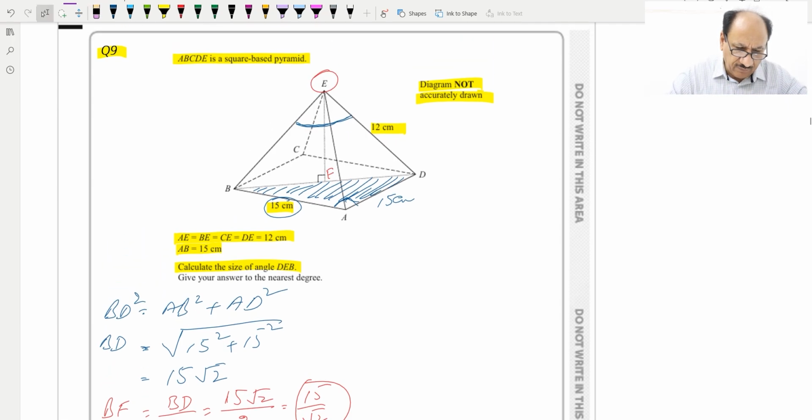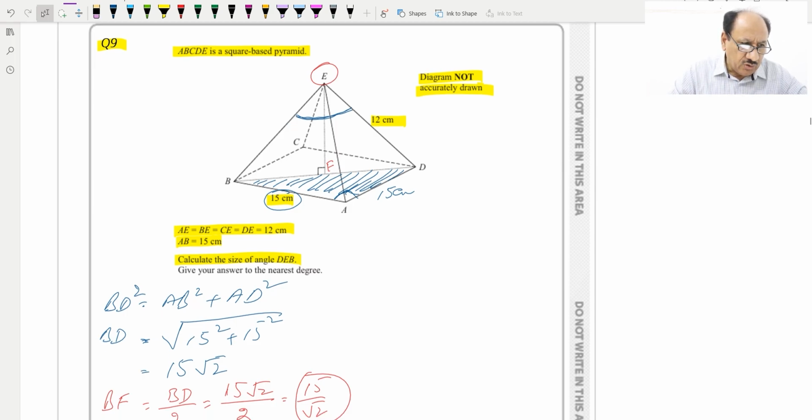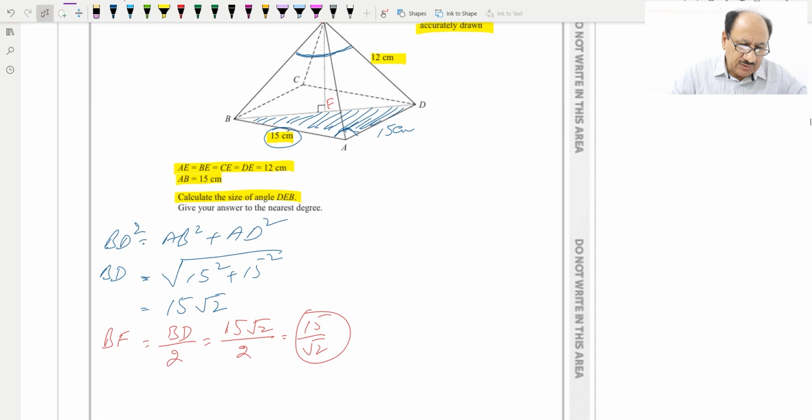So BF and EF are already mentioned, and AB. Okay, so we can find that angle. EB is already there, and ABF we have. So we can take sine theta.